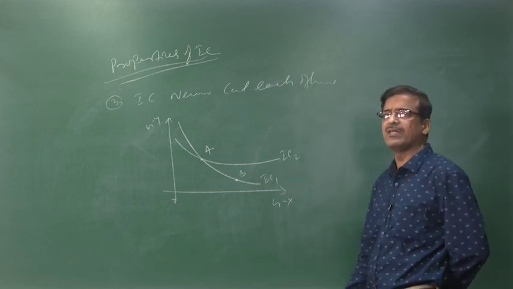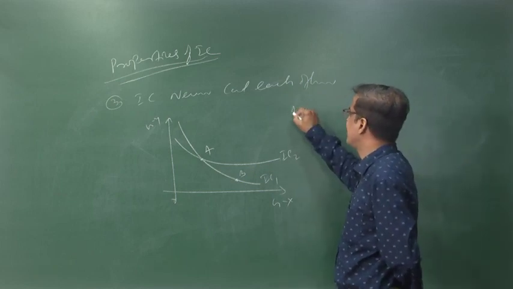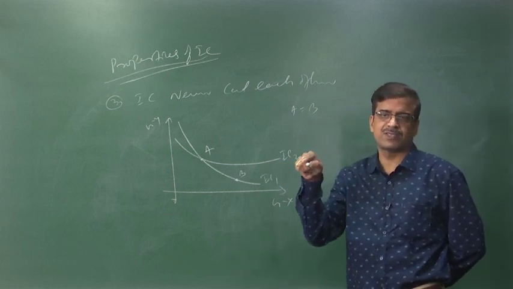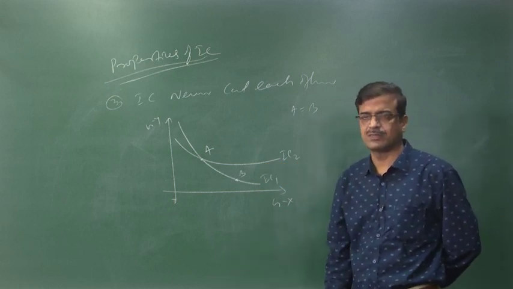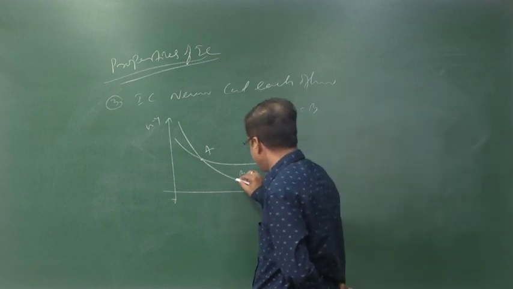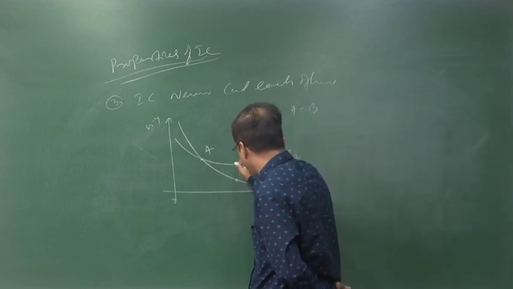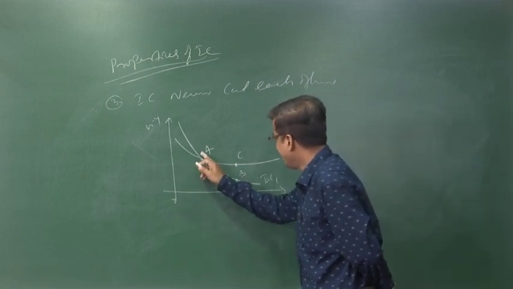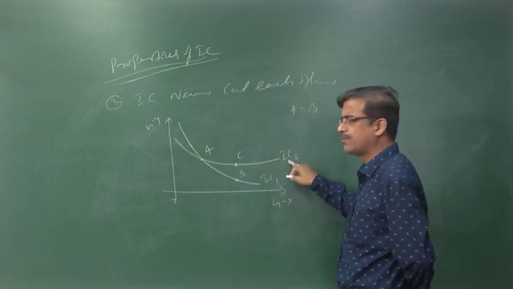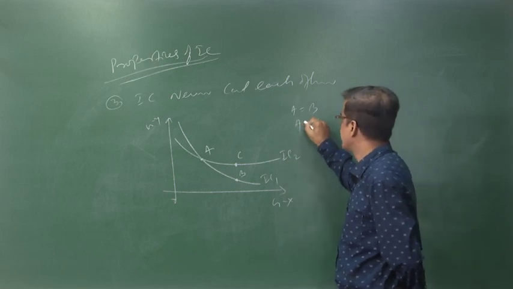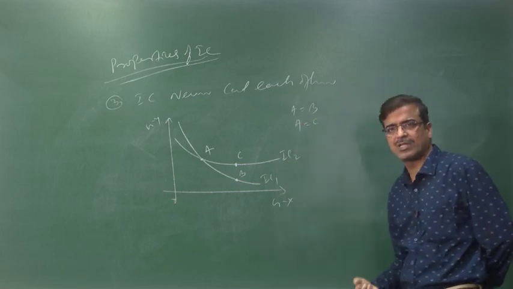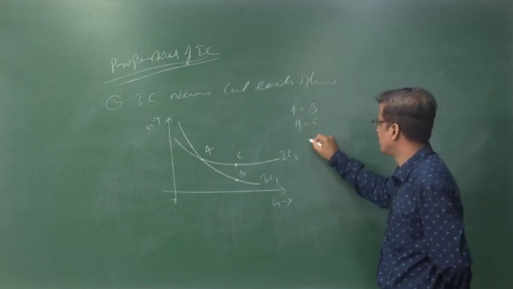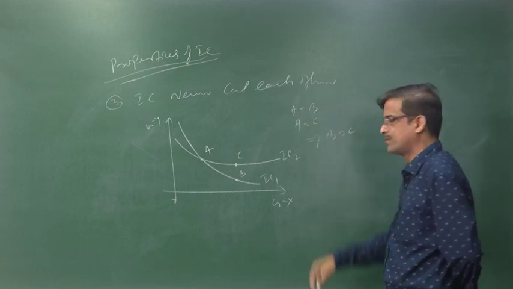If they lie on the same indifference curve, A must be equal to B, because each and every point on an indifference curve provides an equal amount of satisfaction. Similarly, take a point vertically above, that is point C. Points A and C lie on the same indifference curve IC2. That means A must be equal to C. What do you find? A equals B, A equals C, which implies that B must be equal to C.